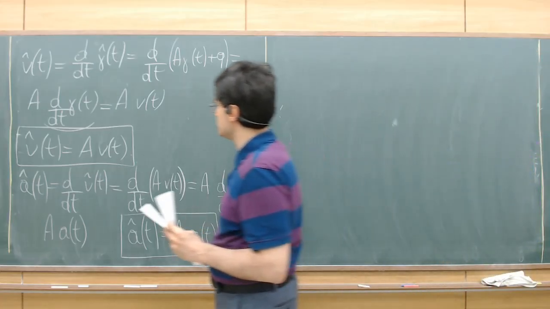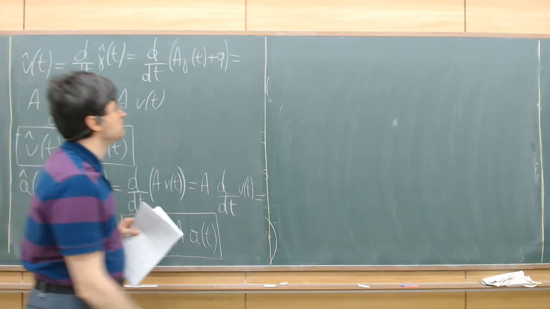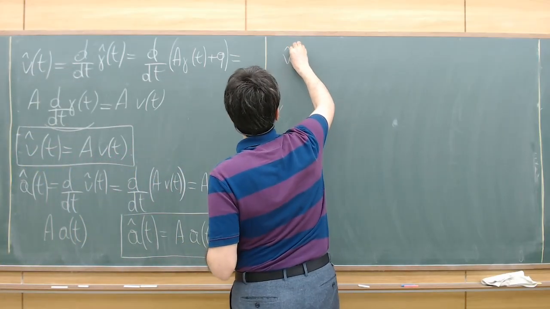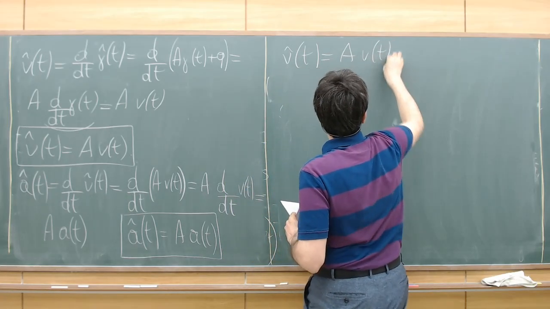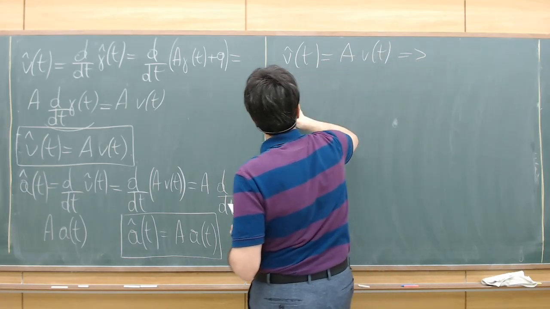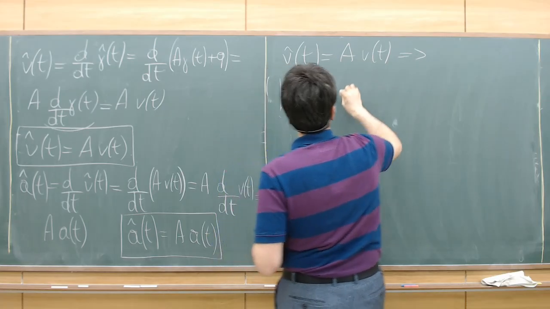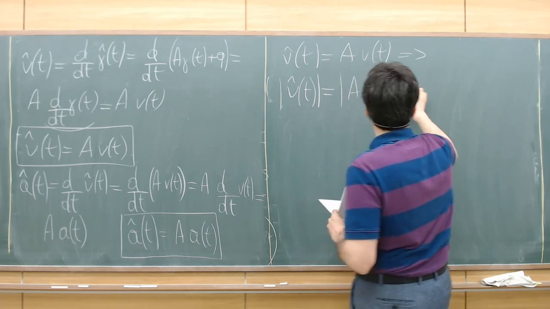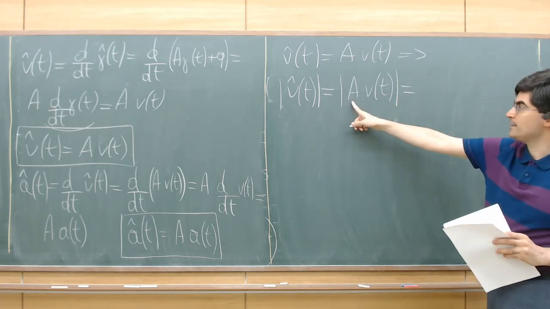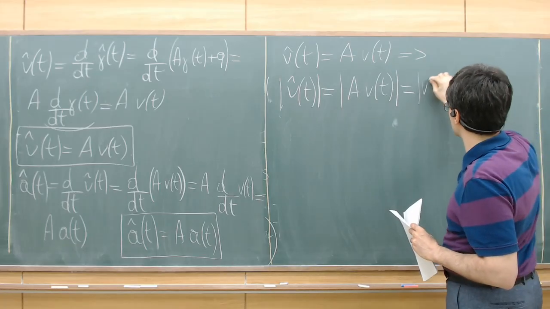Now let's observe one fact. This formula implies that the length of v hat of t coincides with the length of A v of t, but A is an orthogonal matrix, so the length of this vector coincides with the length of v of t.